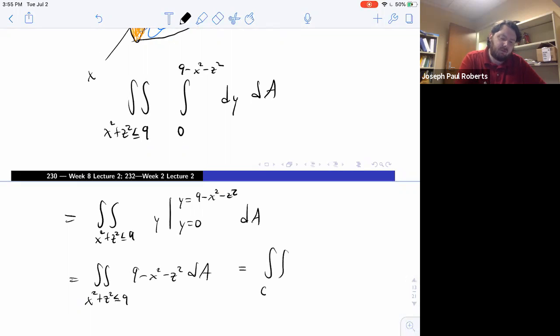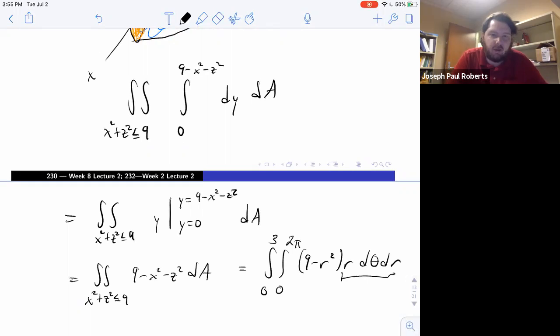And so then I can convert that to polar. So 0 to 3, 0 to 2 pi, 9 minus r squared, r d theta dr. Again, don't forget your extra r from the dA.